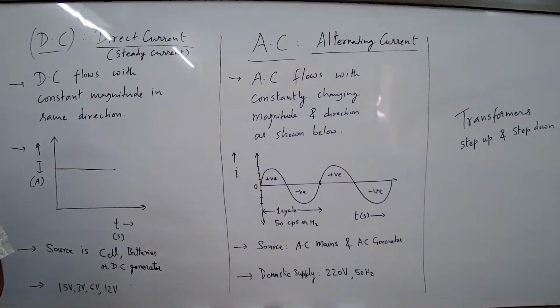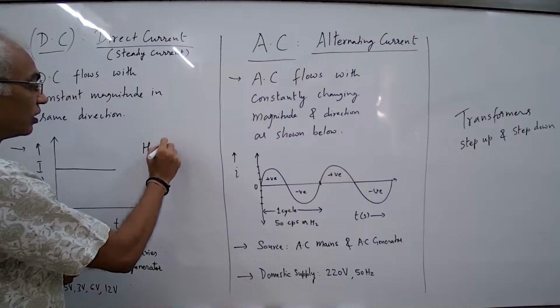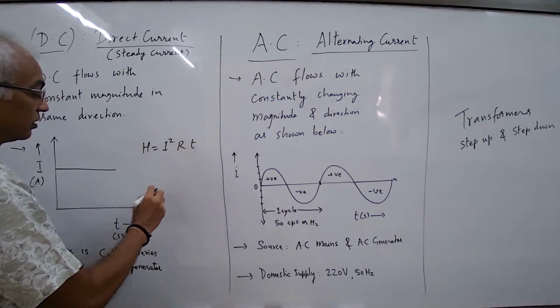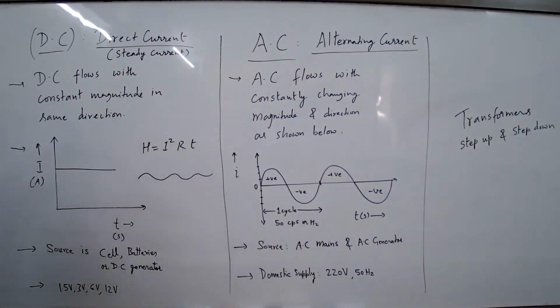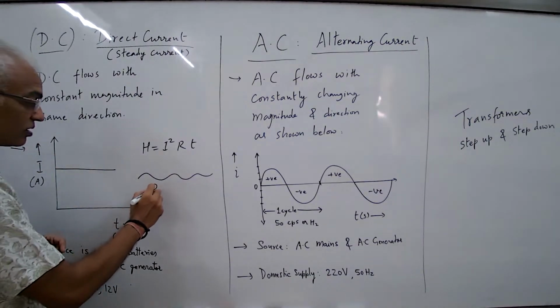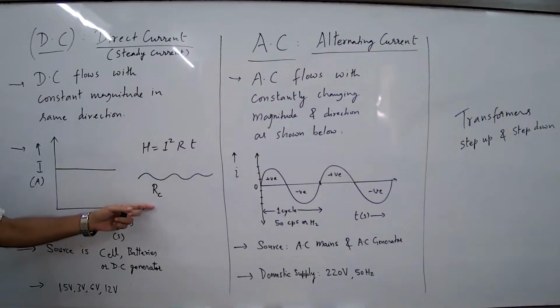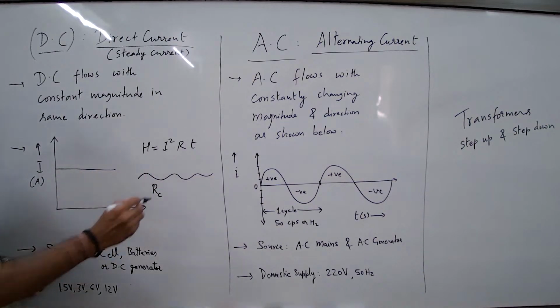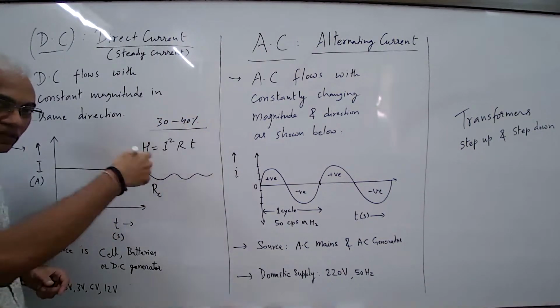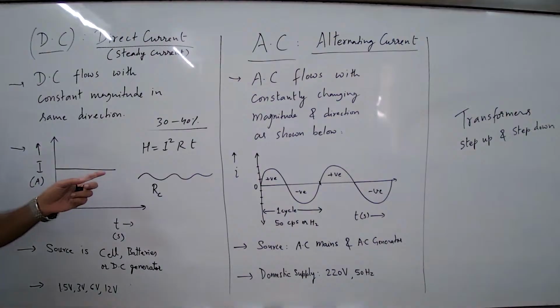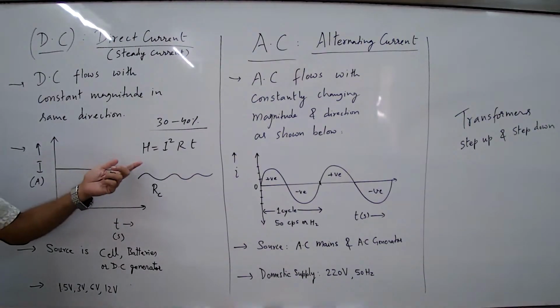Whenever current is flowing across a wire, it will generate heat, I squared R T. Now when the transmission cable is hundreds and thousands of kilometers long, its resistance will also be very high, and the power flowing through it will be lost. Almost 30 to 40% power or even more is lost just during transmission. So with DC that is next to impossible.